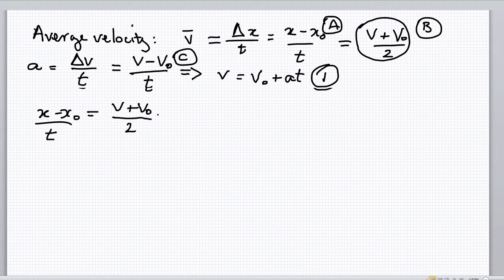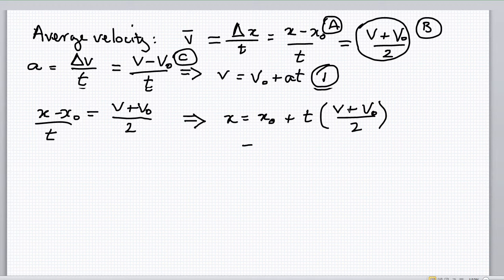So that then becomes, if I rearrange, x equals x naught plus t times v plus v naught over 2.